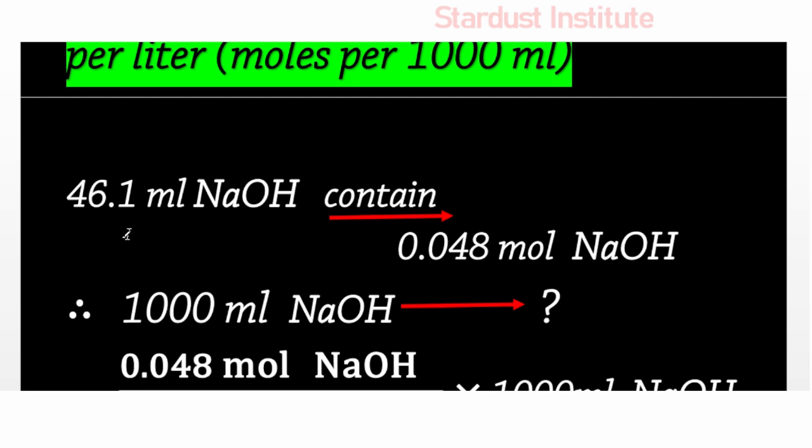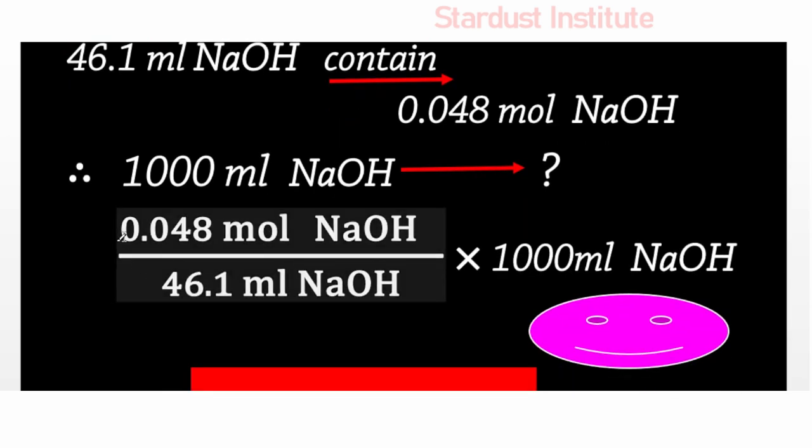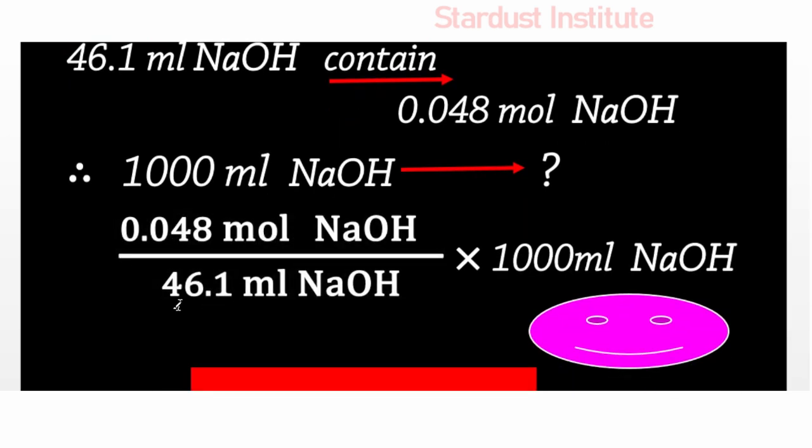We can find it in this way: 0.048 mole NaOH divided by 46.1 milliliters NaOH multiplied by 1000 milliliters NaOH.